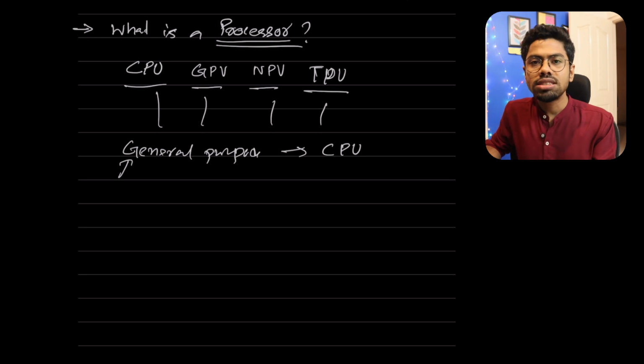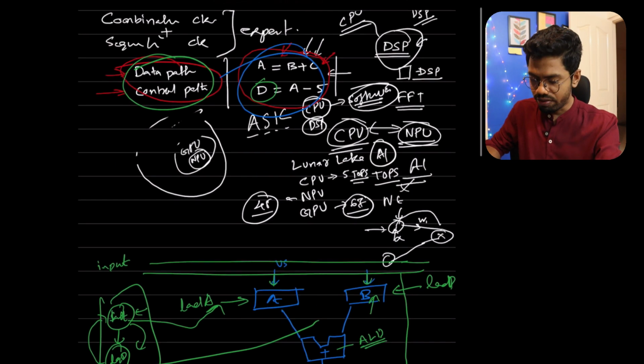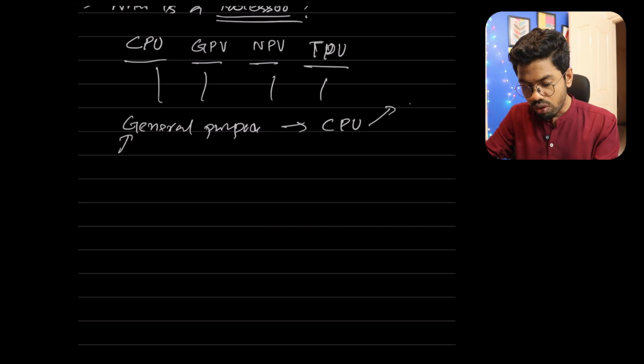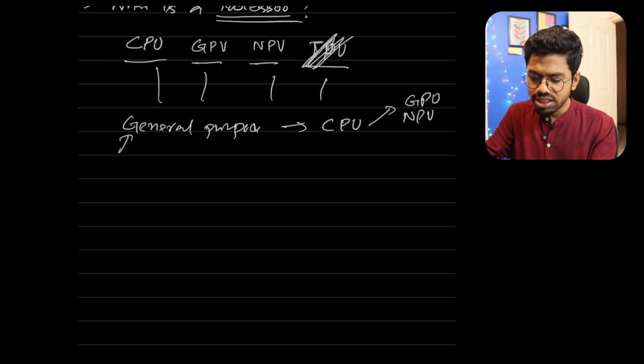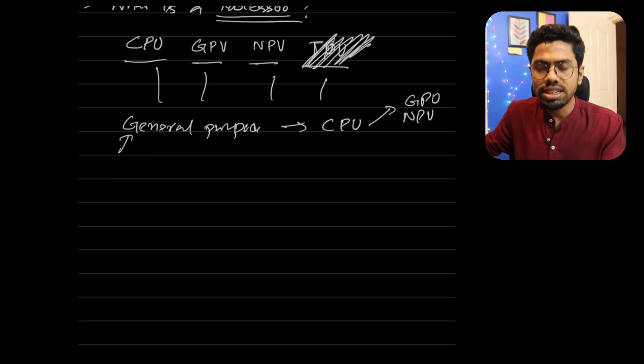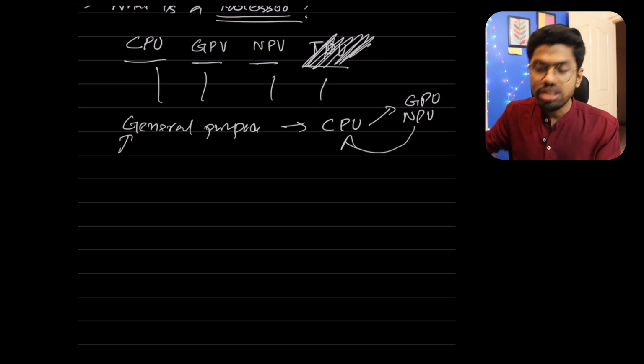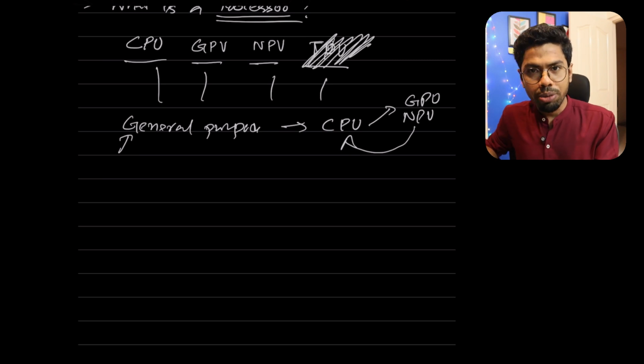Which means the CPU can do most of your general work, which also means the work which your GPU or your NPU can do. For now, let's ignore TPU, because NPU and TPU are used interchangeably, they are the same. This work can also be done with a CPU, because a CPU is general purpose computing, right?